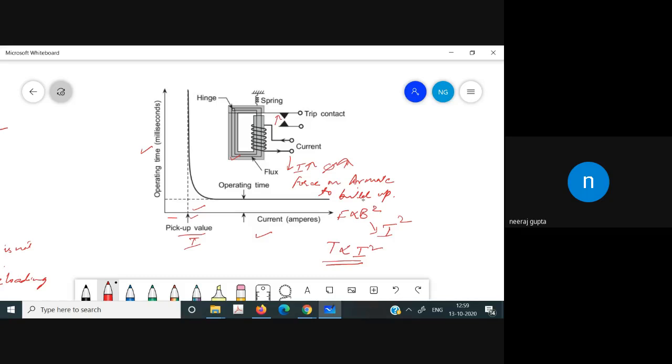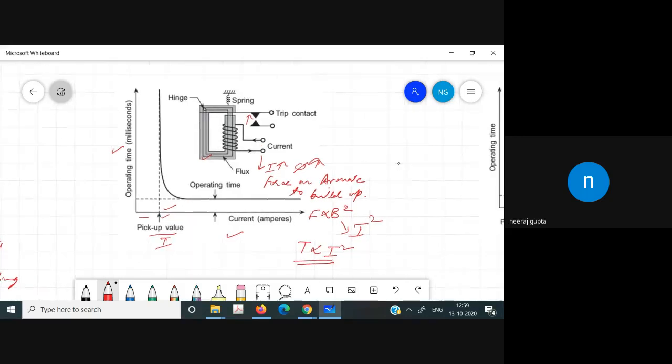Now there are different variants of this instantaneous overcurrent relay. One variant is the definite time overcurrent relay. What does that mean? In the instantaneous overcurrent relay that we have discussed, we have the current and the plug setting, but we don't have the time setting.